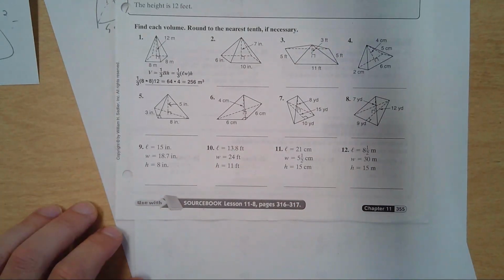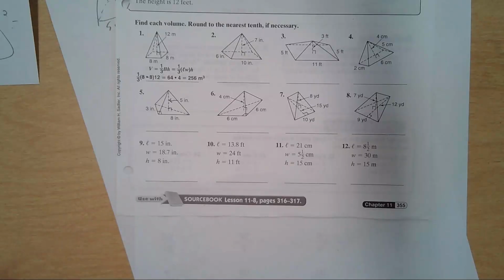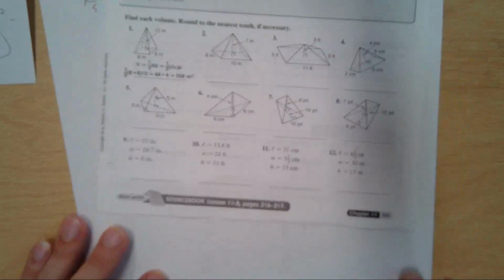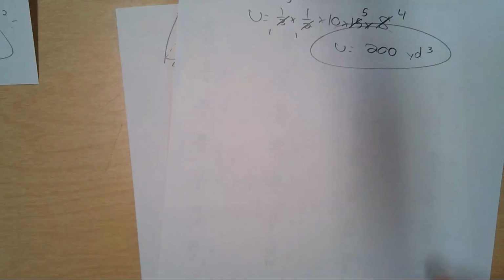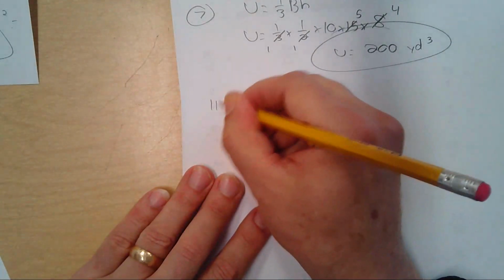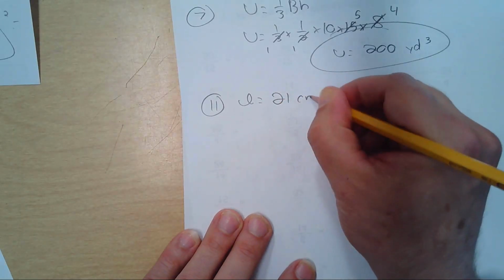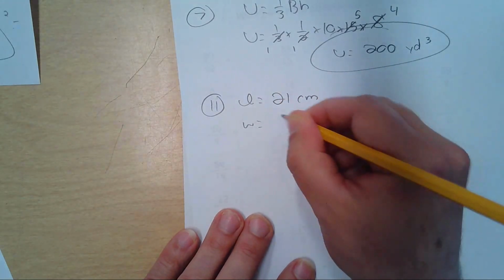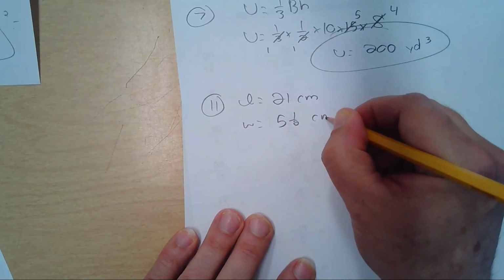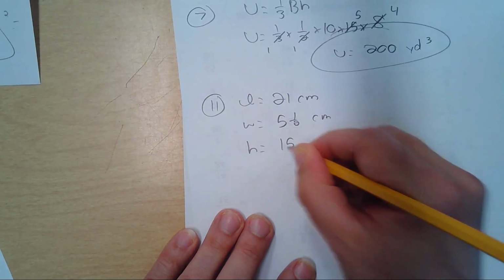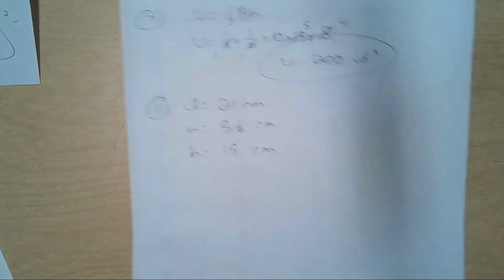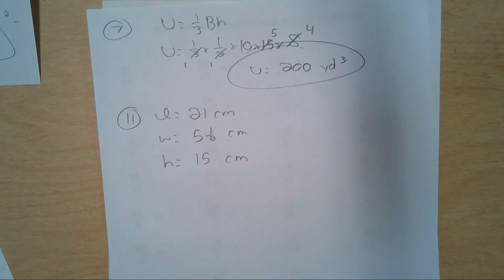Why don't you do, which one do you want, 9 or 11? 11 it is. Find the volume here. Instead of them sketching it out, they just provide it this way. What is the volume? This one right here.